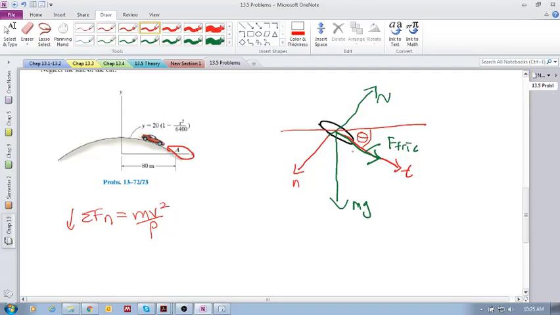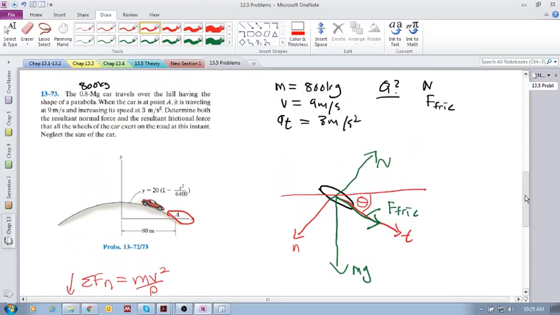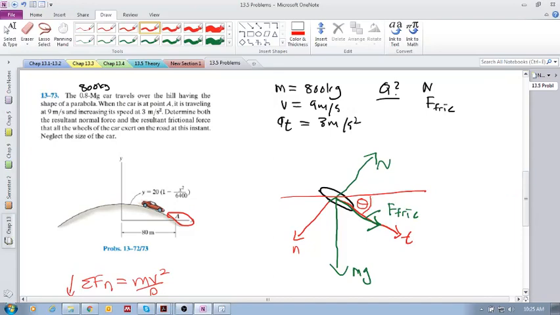So we need this angle, one of these angles, in order to decompose this force into its two components. The normal force is already in the normal direction and the frictional force is already in the tangential direction. So we don't need to decompose those, but we need to decompose this one. So we need some angle information.